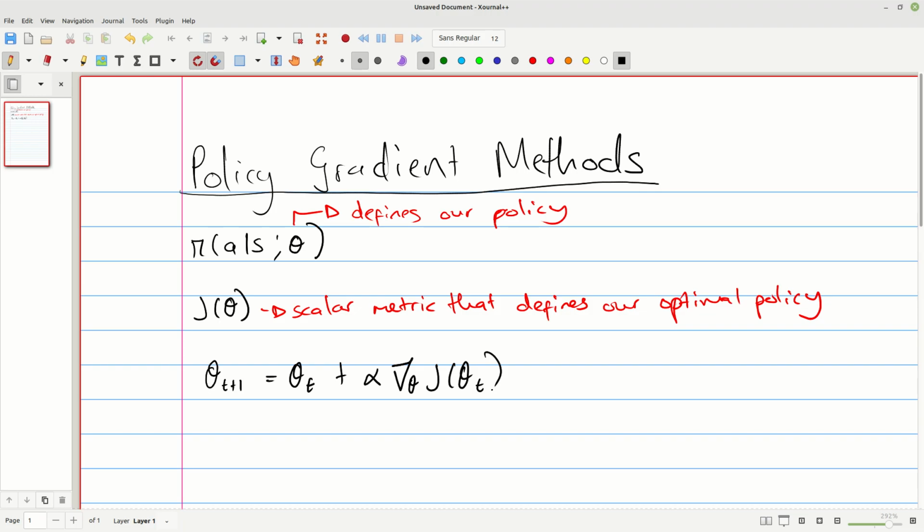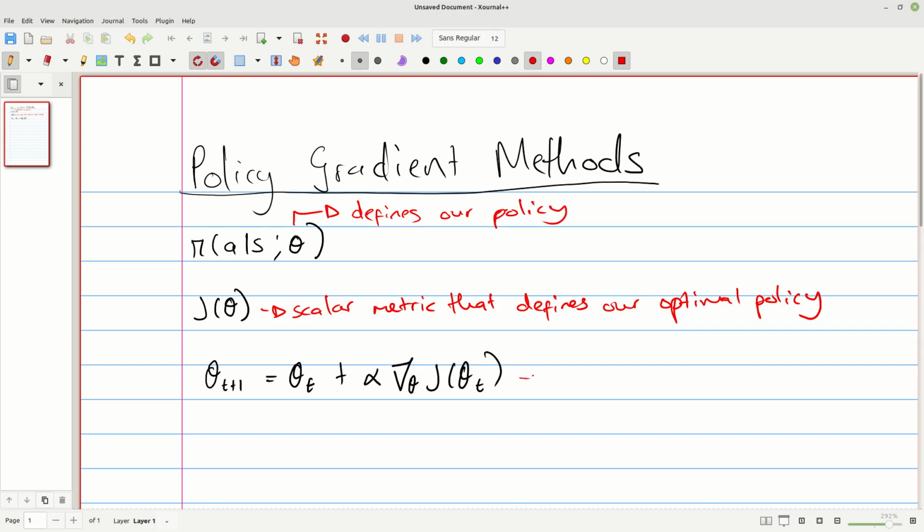But the point here is that this is an optimization objective. We're trying to maximize this metric that defines our optimal policy, so the higher it is, the better. So we do a gradient ascent step on our theta values here.